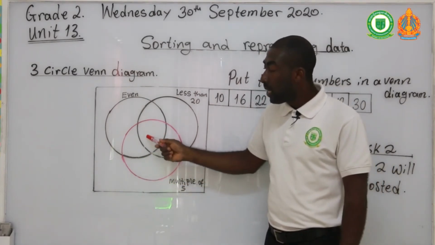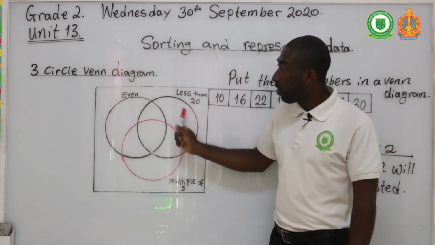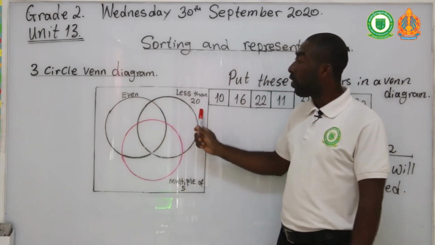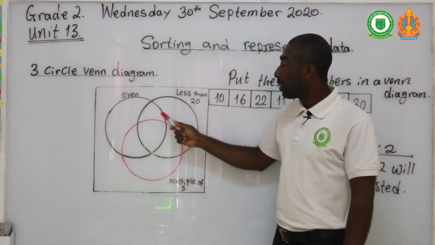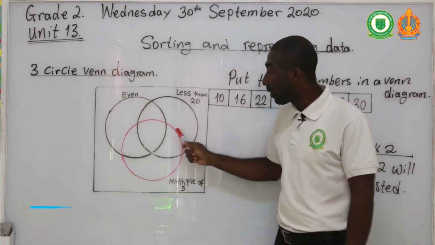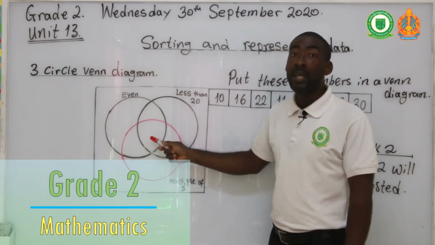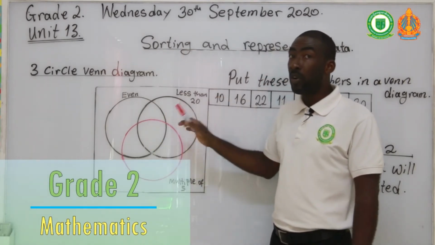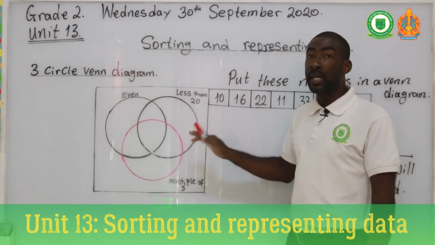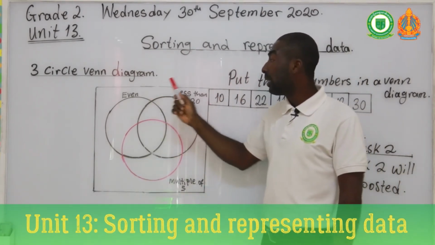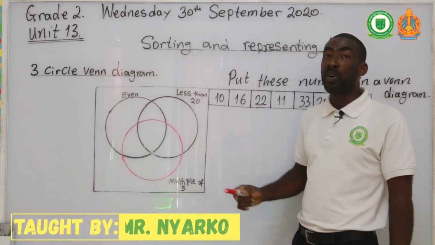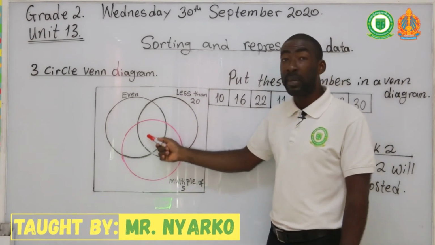In the middle here is the middle of all the 3 circles. You see, circle 1 is this line, circle 2 is this line, and circle 3 is this line. So this is the middle of all the 3 circles. That means any number that is an even number and at the same time less than 20 and also a multiple of 5, we need to put that number here.